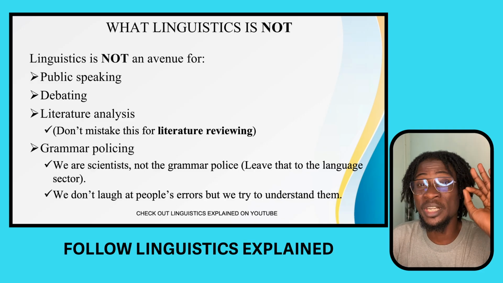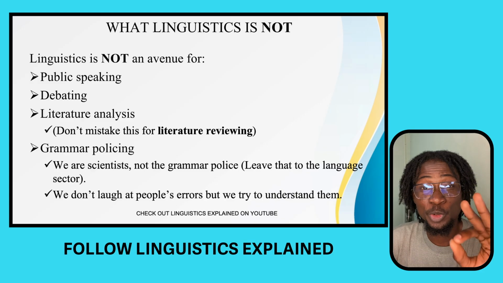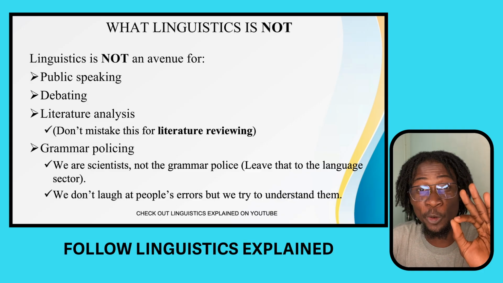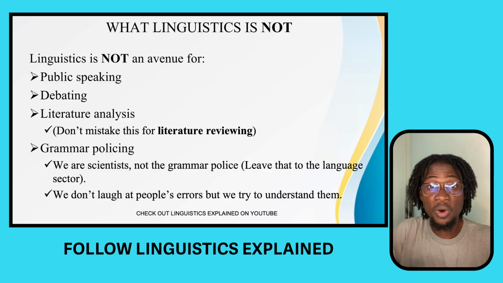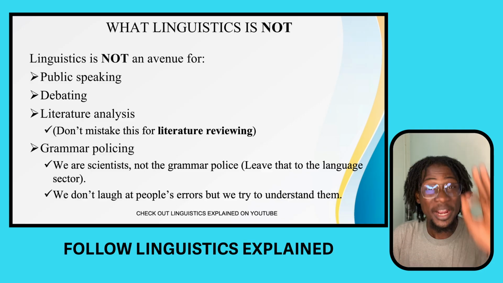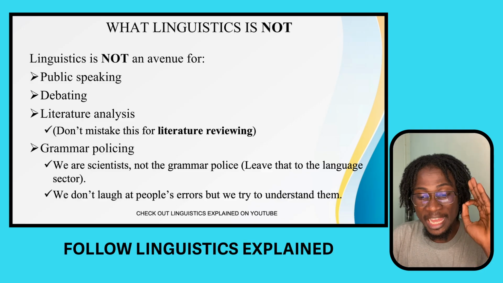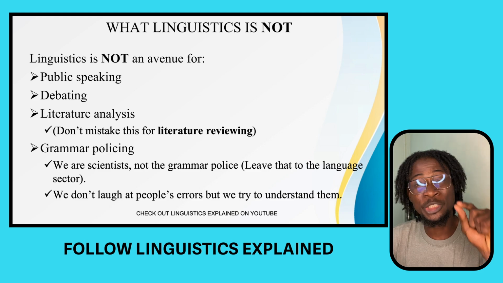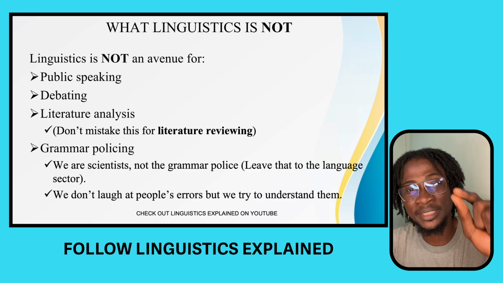This is not a place where you come and correct people's grammar because you think you are reading linguistics and you are the best in English or whatsoever. No, that is not what linguistics is about. Above all, we do not laugh at people's errors. Instead, we try to understand why those errors exist.